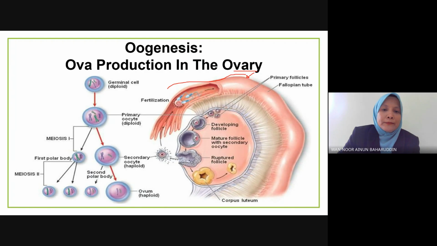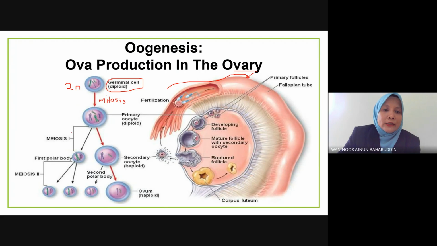As we have learned in spermatogenesis, they have germinal cells. This is the same for the ovary. They have germinal cells which are diploid, 2N, and then they undergo mitosis directly to produce primary oocyte, which is also diploid in number.